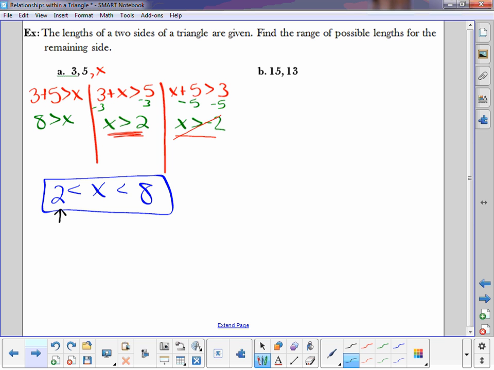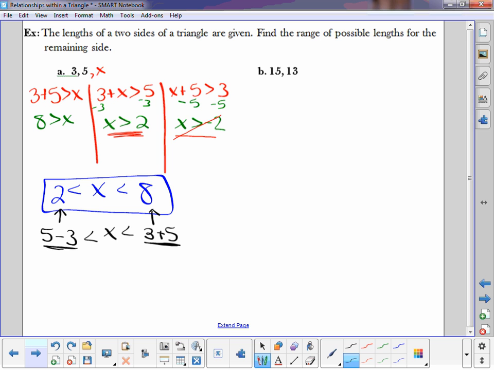Notice that this is just simply the subtraction, the difference of my two known sides. Now notice over here, how do you think 3 and 5 relate to that? Add them. So what we actually have is that the third unknown side must fall between the sum and the difference. Smart word, with me?